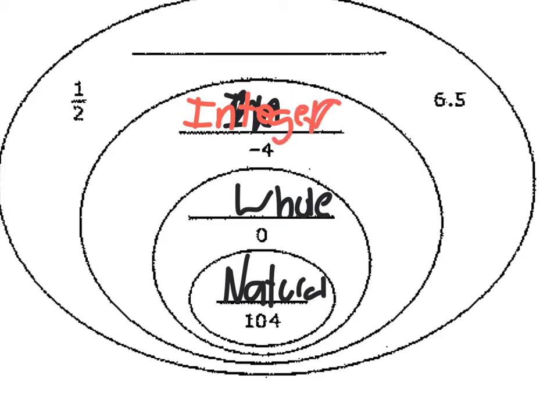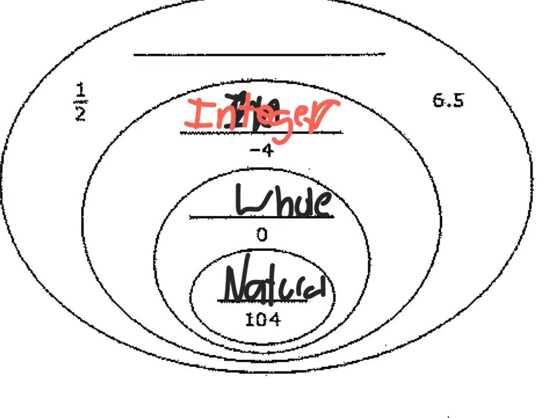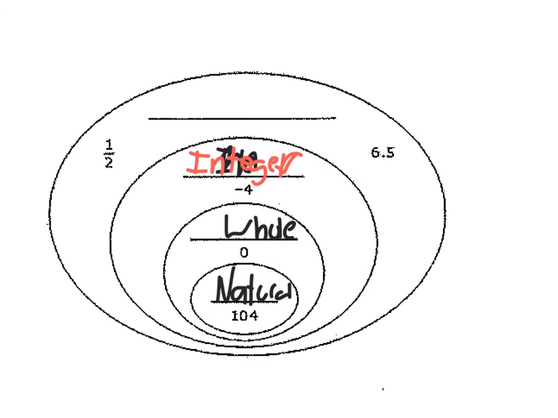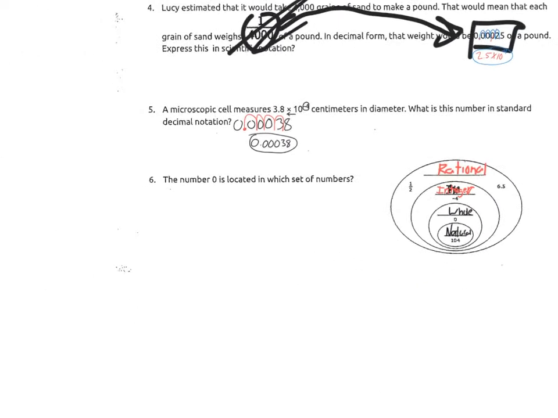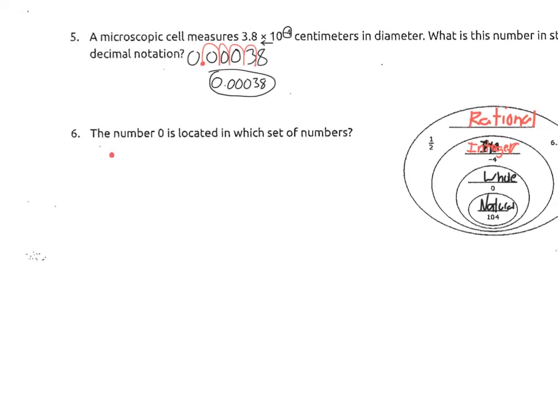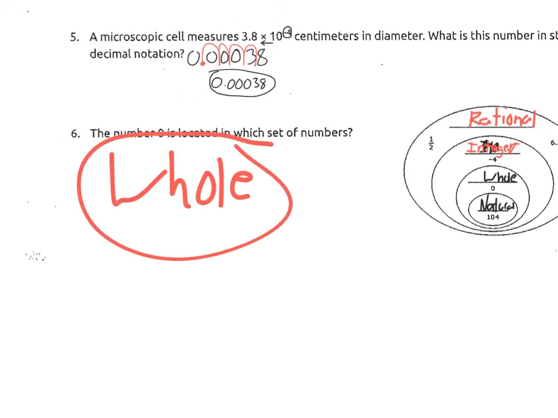That's supposed to be an R. My handwriting is terrible today. Sorry, guys. Oh, wait. It's terrible every day. And then here is rational. There's my dot. Alright, so 0 is with the whole number. So our answer here is just whole. But just to clarify, it is whole, integer, and rational as well.